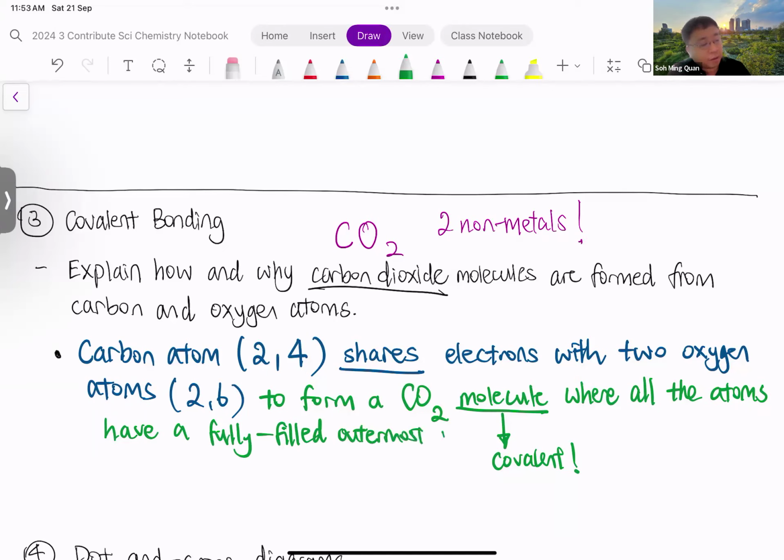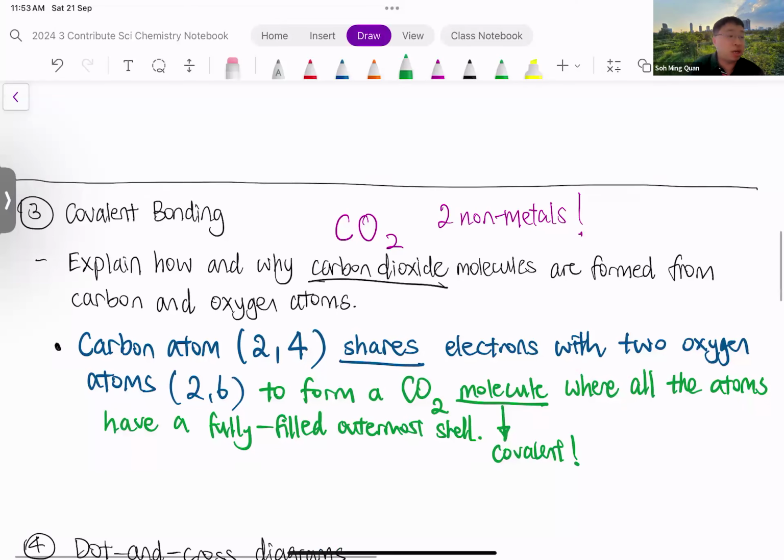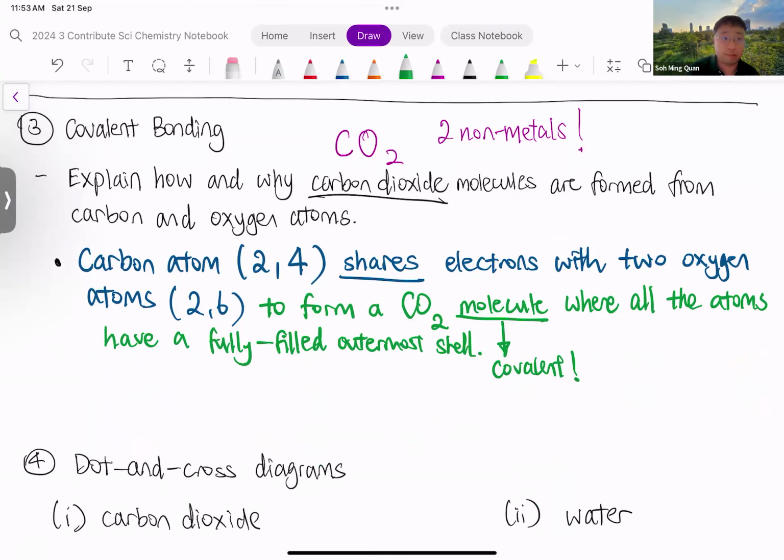So the reason why they bond together is the same. They share electrons such that all the atoms can achieve a fully filled outermost shell, which of course makes the atoms now stable inside the molecule. Okay? So this is the basis, the foundation of covalent bonding, the sharing of electrons between two non-metals.